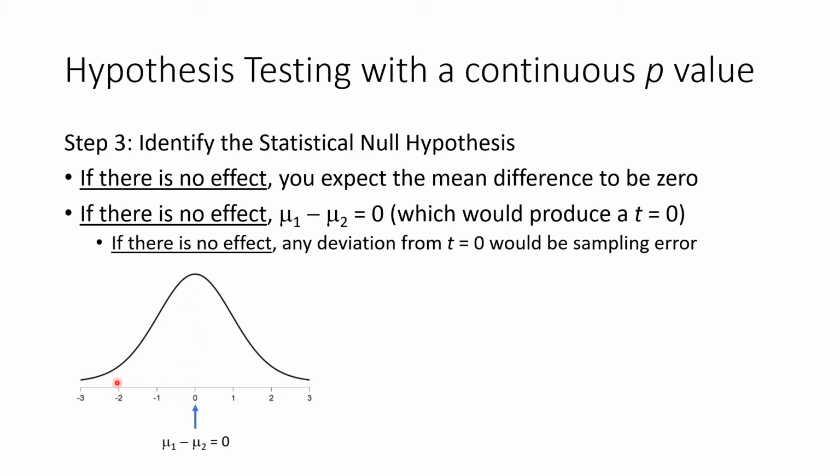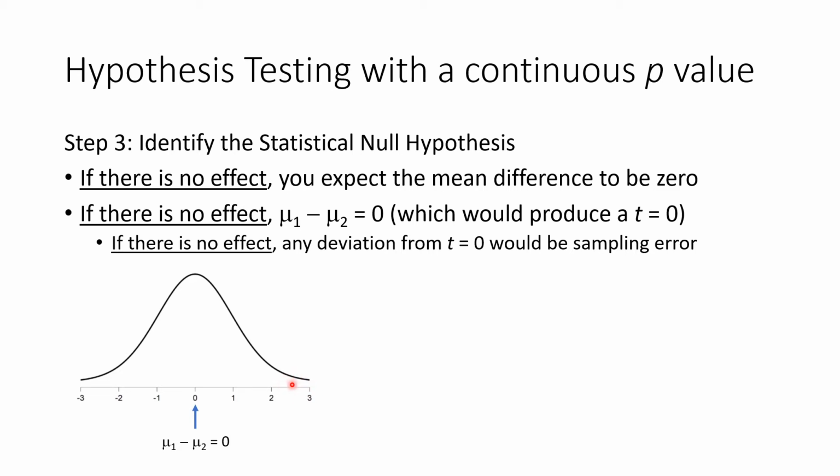If you get something way out in the tails, you're going to get a t value far from 0 on the negative end or far from 0 on the positive end. You're going to get a low p-value, which again will be compelling evidence that the null hypothesis is probably not true. Again, you expect to get something close to 0 if the null is true. It's possible to get something way out here, say a 2.5 or something.